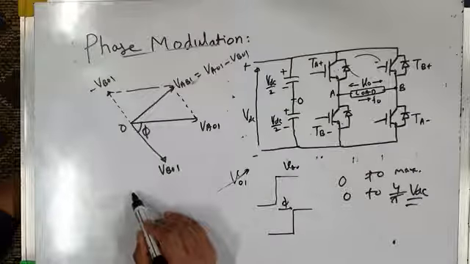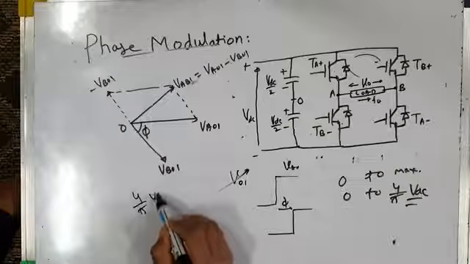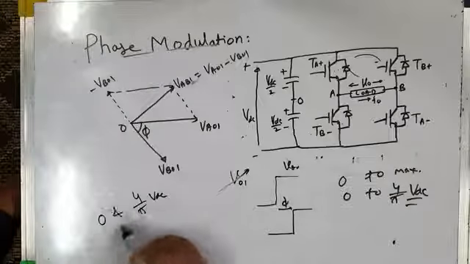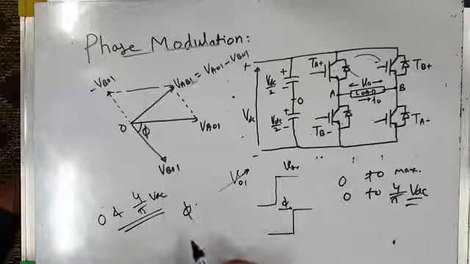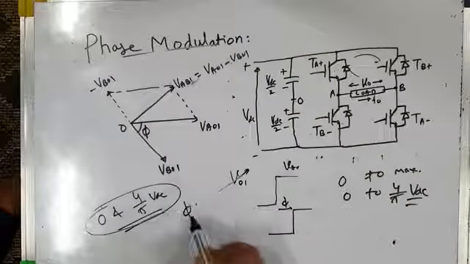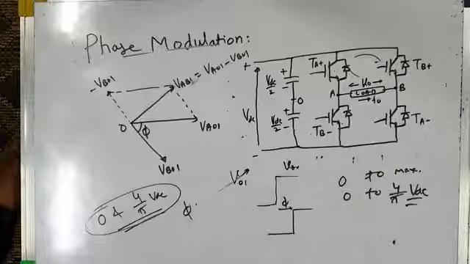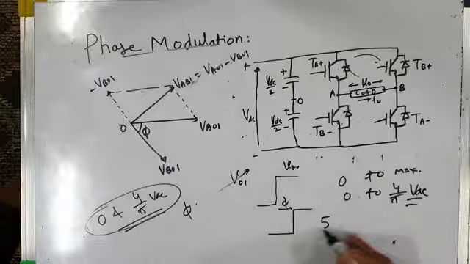Whether your voltage is the maximum 4 by pi VDC, or between 0 and 4 by pi VDC by controlling the phase angle, the inverter output voltage is controllable, but there are strong harmonics present in the load voltage. For example, for the single phase inverter, you will have all triplen and non-triplen harmonics present in the load voltage: third, fifth, seventh, ninth, 11th, 13th, and so on. And if it is a three-phase voltage source inverter, then you will have all non-triplen harmonics present in the load voltage.